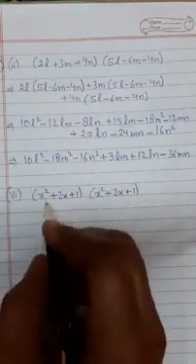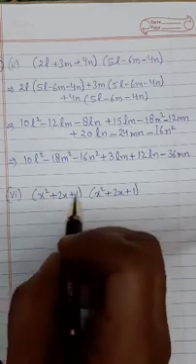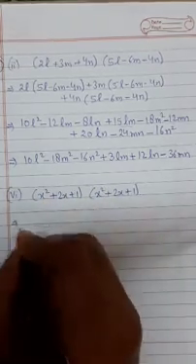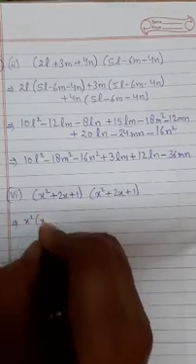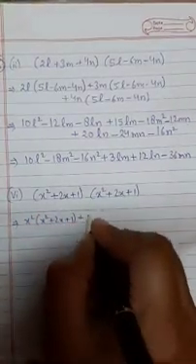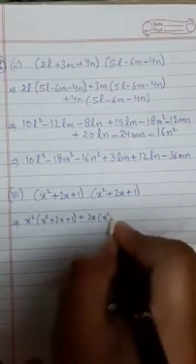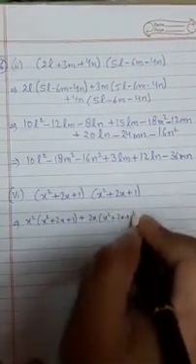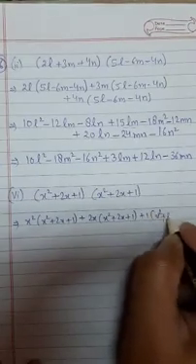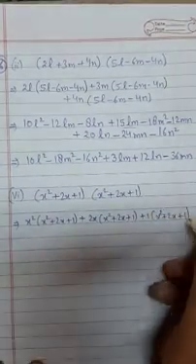Opening the first bracket, multiplying each term of the first bracket to the second bracket along with its sign. So rewriting it, x square plus 2x plus 1, plus 2x, x square plus 2x plus 1, and finally plus 1, x square plus 2x plus 1.